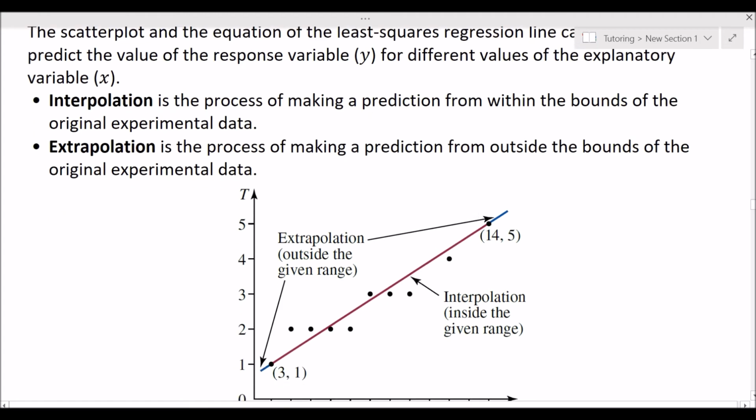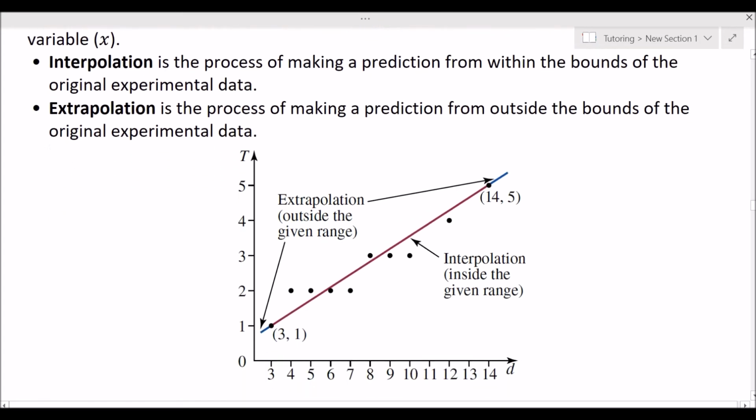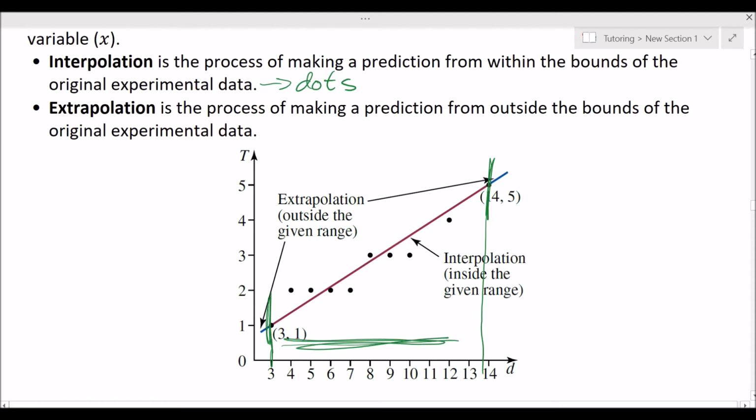Interpolation is where you make a prediction from within the bounds of the original experimental data. So in our case, the experimental data is the dots. So if you look on the scatter plot, the dots go from here to here. So if you make a prediction that is within this range, it is interpolation.